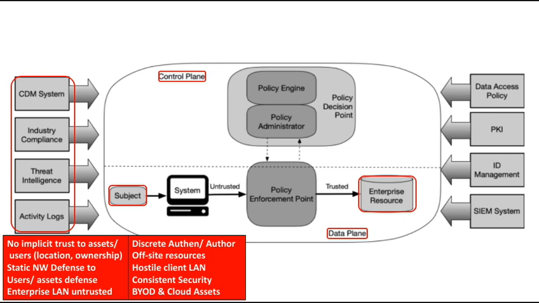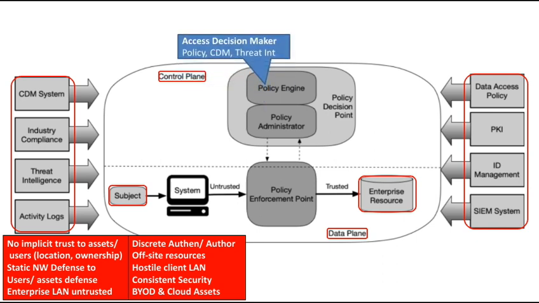On the left side, all these components provide input to the control plane for making the policy decisions in a dynamic environment, and the components on the right side do the same.